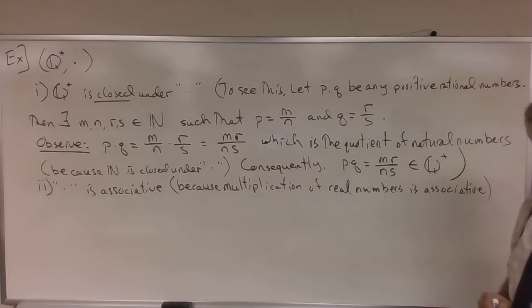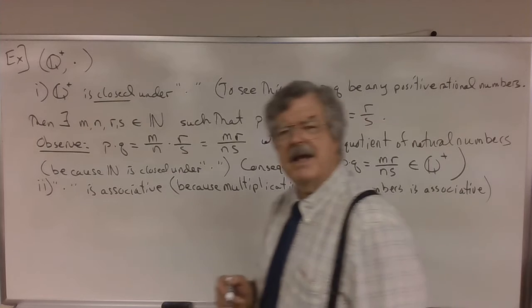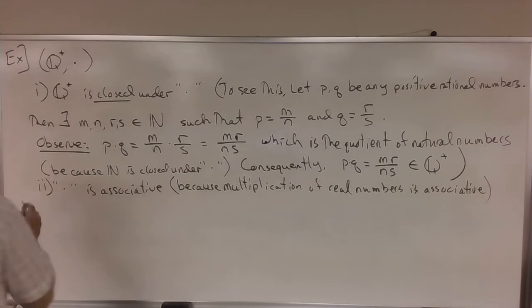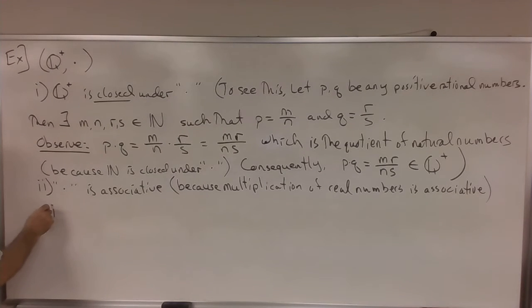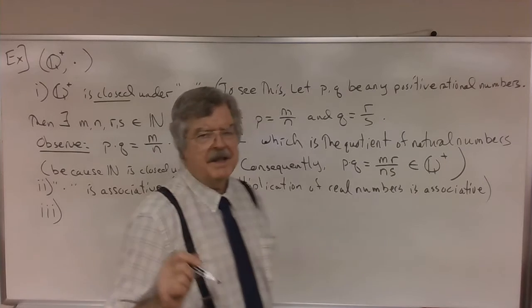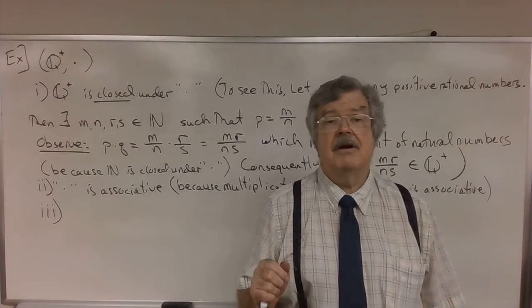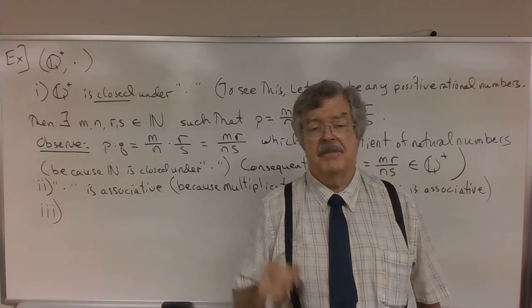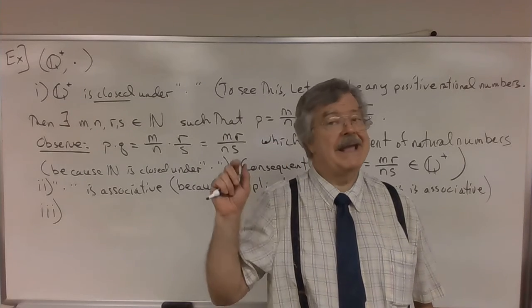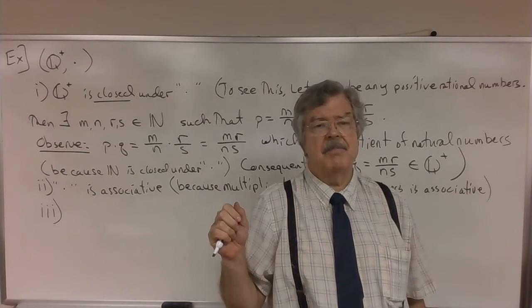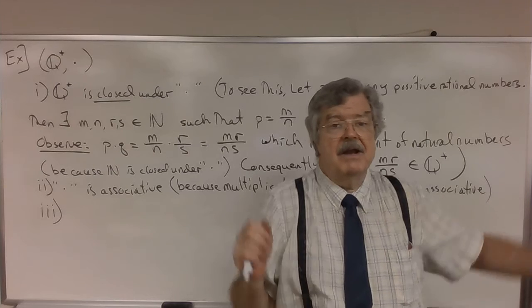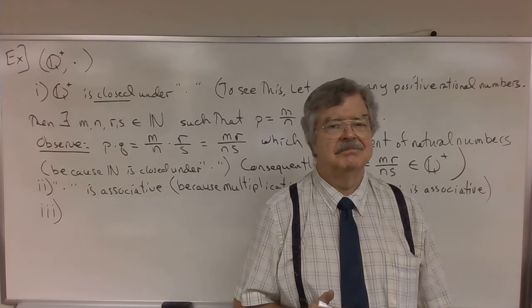What's the third thing that we have to have in order for this to be a group? Isn't it that we have to have an identity element? Do the positive rational numbers have an identity element? Is there some positive rational number that we can multiply any other rational number by and get that other rational number? What do you think?